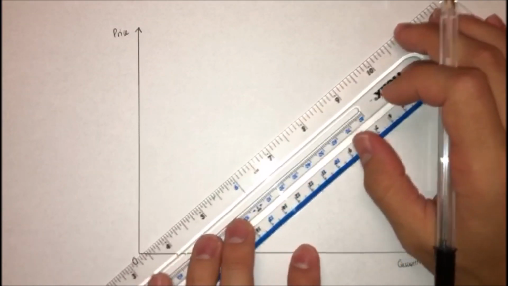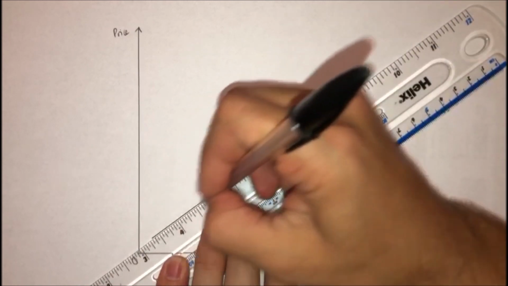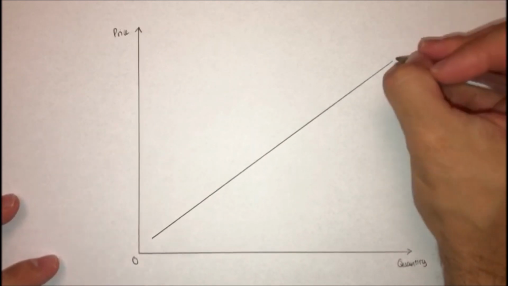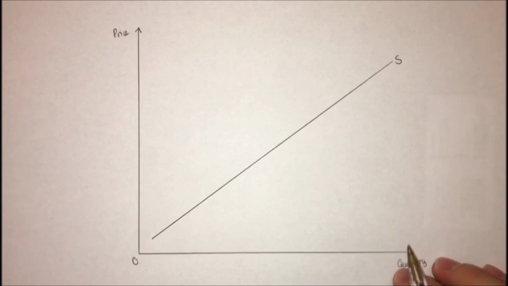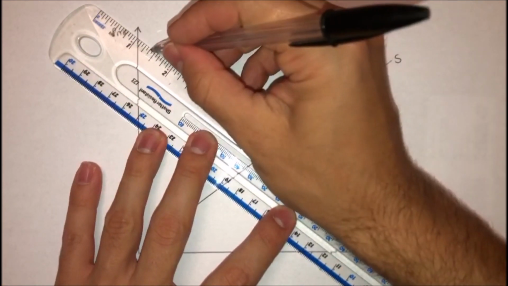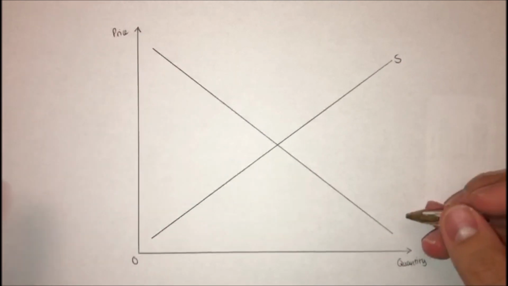We're then going to insert the demand and supply curves, starting with the upward sloping supply curve, and that will be labelled S, and the downward sloping demand curve, which shall be labelled D.